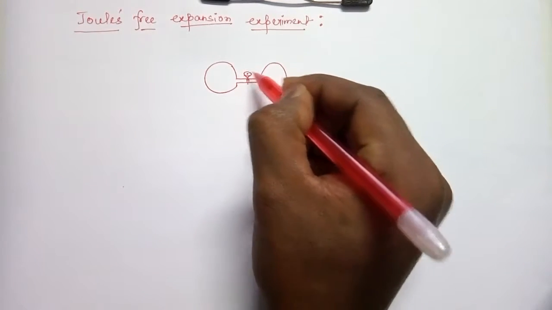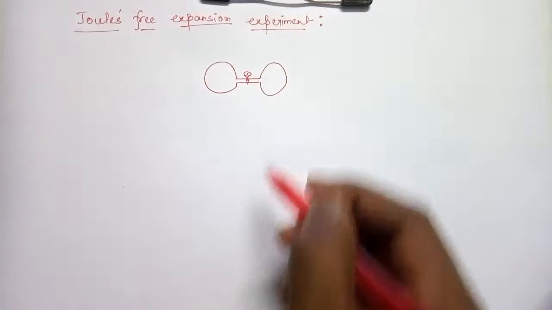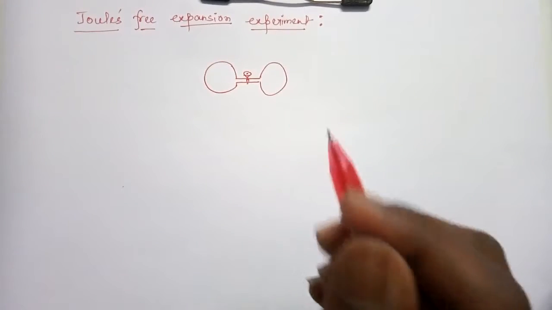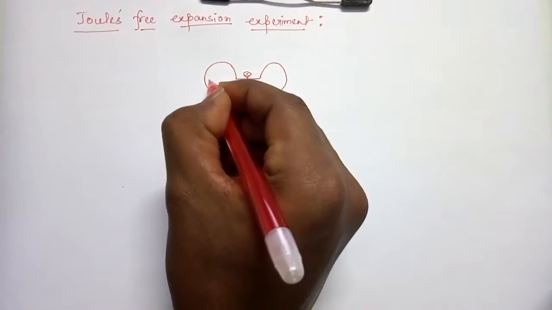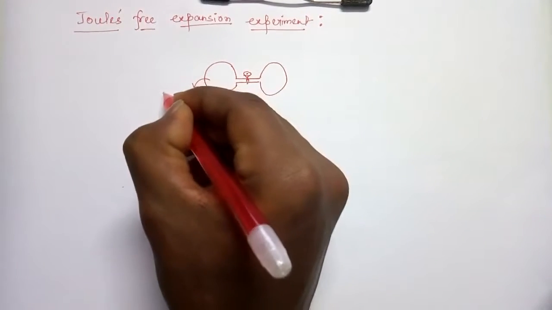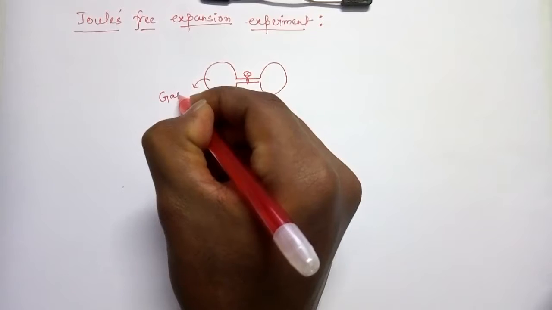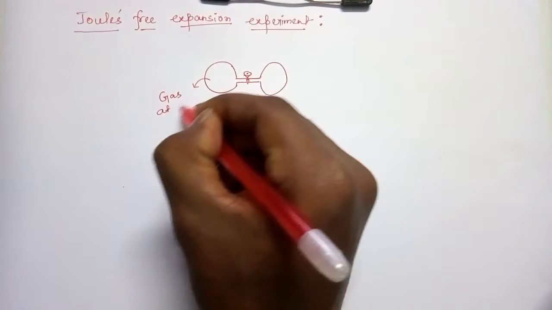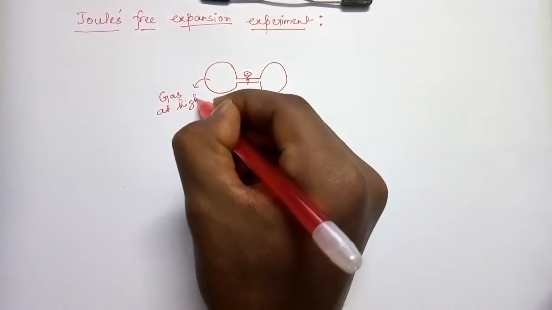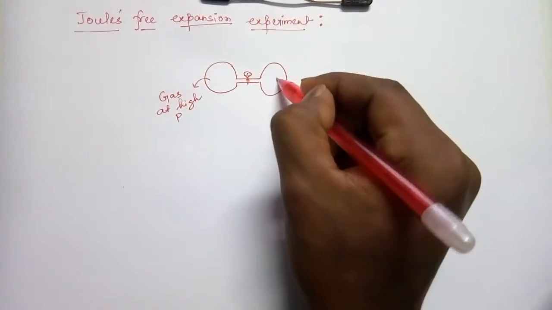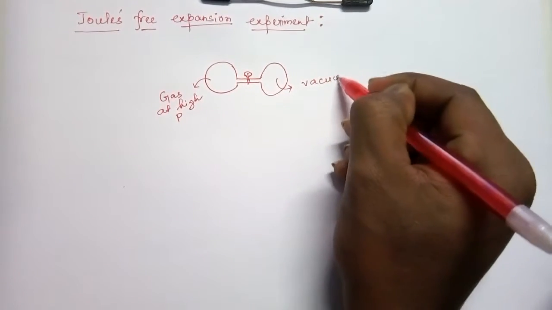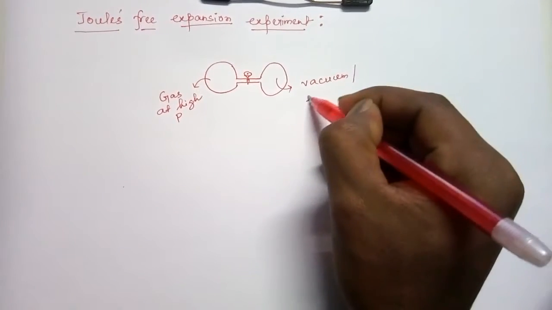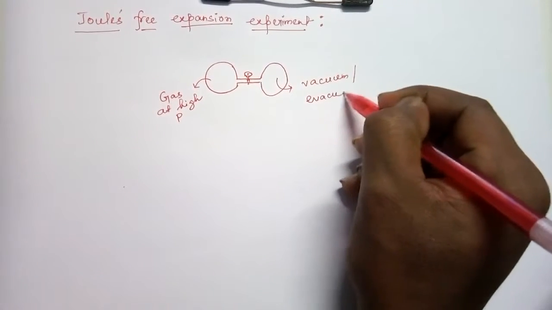With this stopcock we can control the passage of matter through the connecting tube. One is filled with gas at a high pressure and the other is in vacuum, or we can say an evacuated condition.